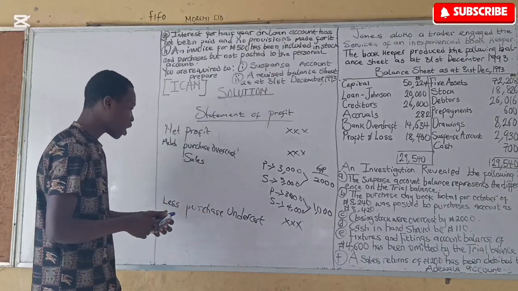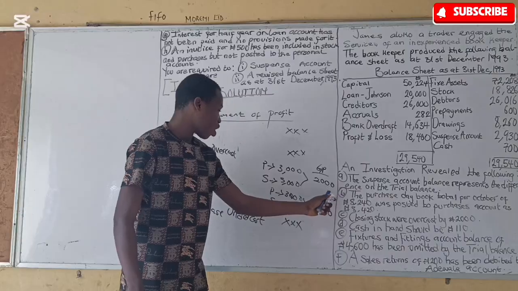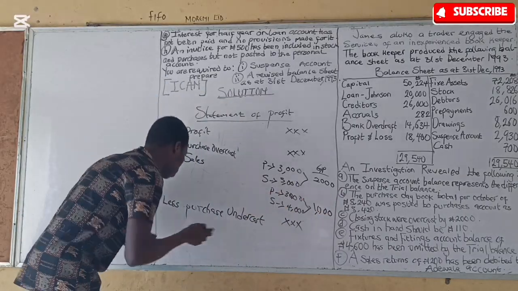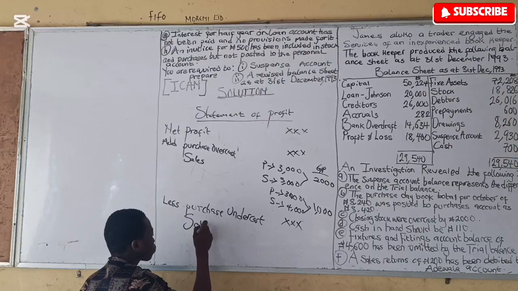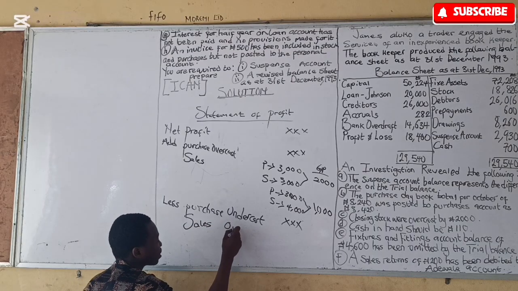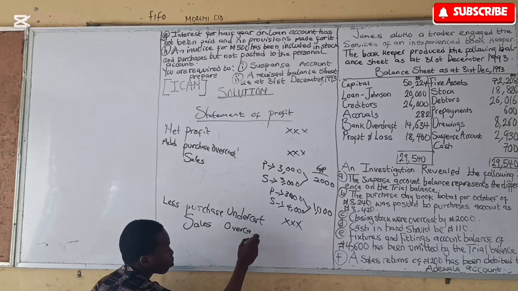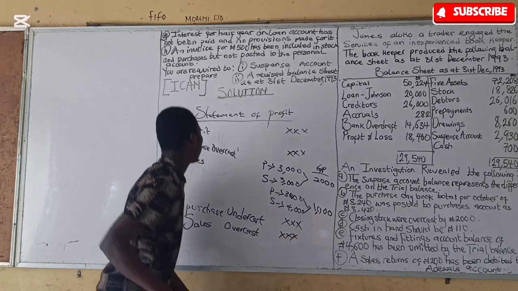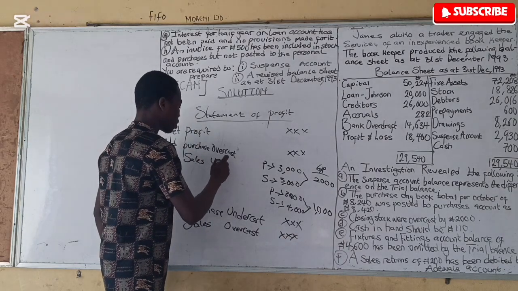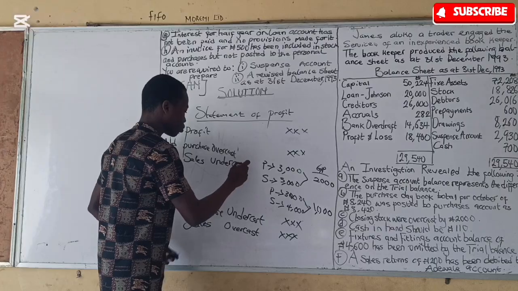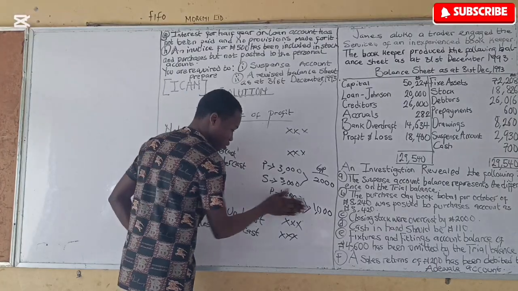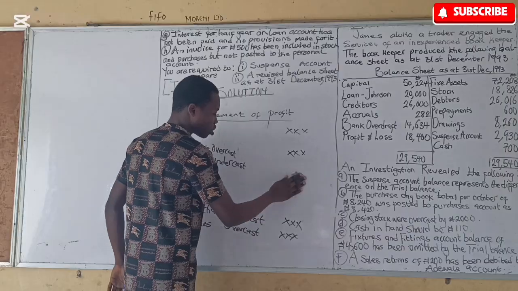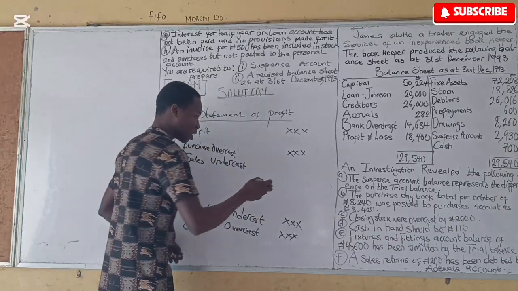So, for sales overcast, we are going to subtract it. But for sales undercast, we are going to add it. So you don't need to cram the format, you just need to understand. You get my point now?